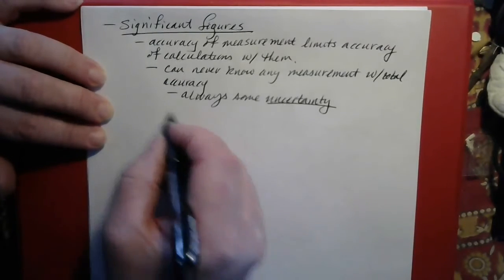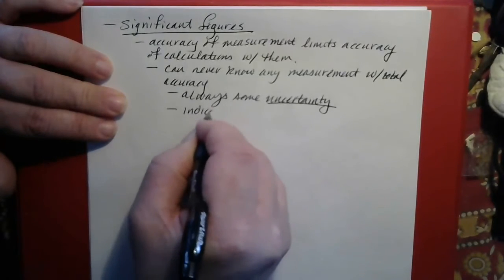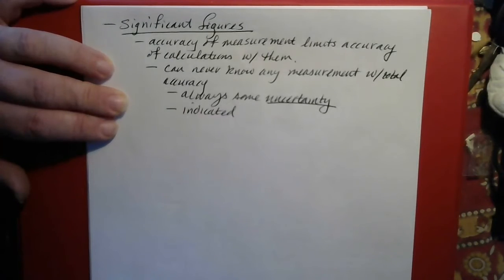Okay, so the uncertainty is indicated by the number of significant figures in a measurement.